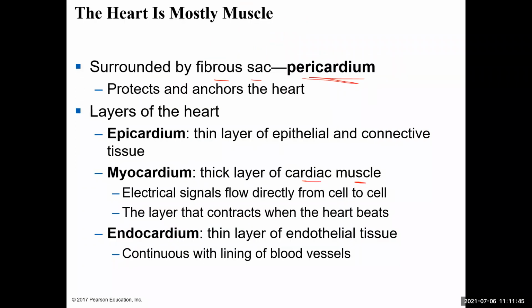And then the endocardium is a thin layer of endothelial tissue that is on the inside of, say, the ventricles, right? So it's continuous with the lining of the blood vessels. It actually leaves the chambers of the heart and continues into the blood vessels themselves.